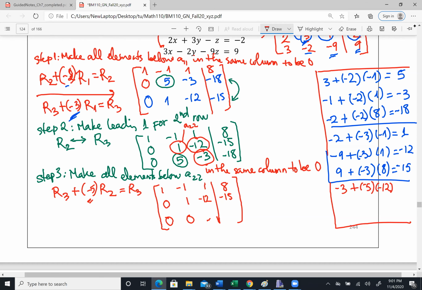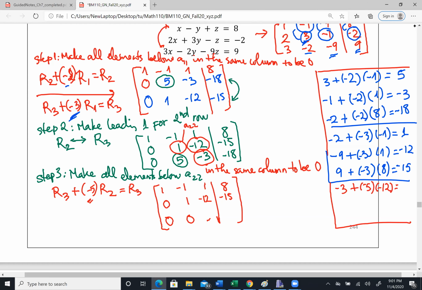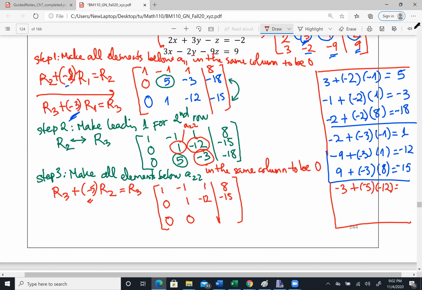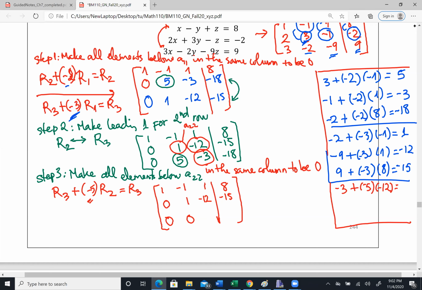And what is that going to be? Okay, let me use my calculator. So I have -3 plus -5 times -12. So now I have 57. Okay, so I put 57 down here. Oh, that one makes it too big.